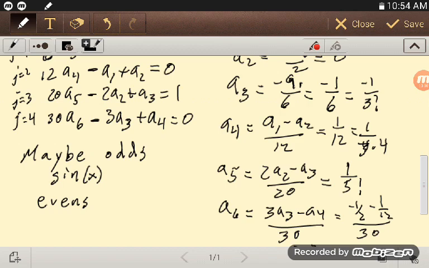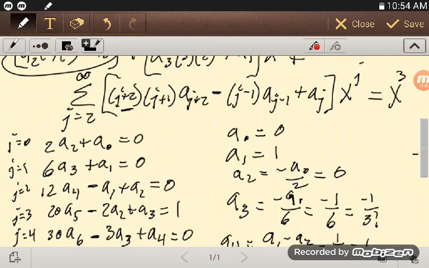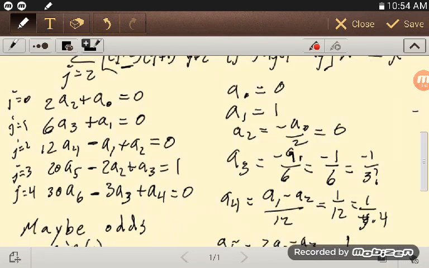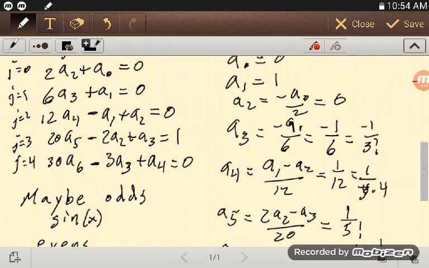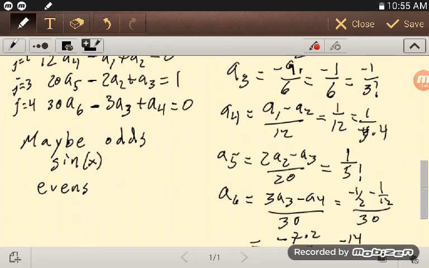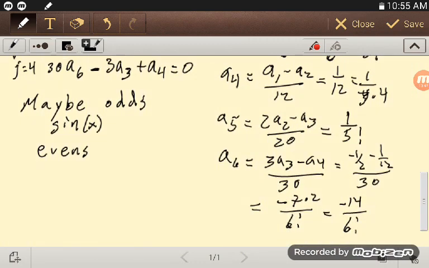Okay, and then evens, well, evens, it started out with the first two as 0, so 0 for A0, 0 for A2. Then once I get to A4, right, I have, well, see this 1 over 12, that was almost 4 factorial. If I wrote that now in hindsight as 2 over 4 factorial, then I had a 2 over 6 factorial, but a 7.